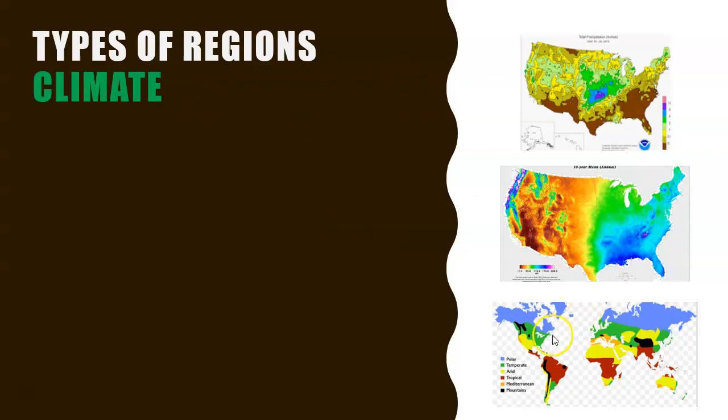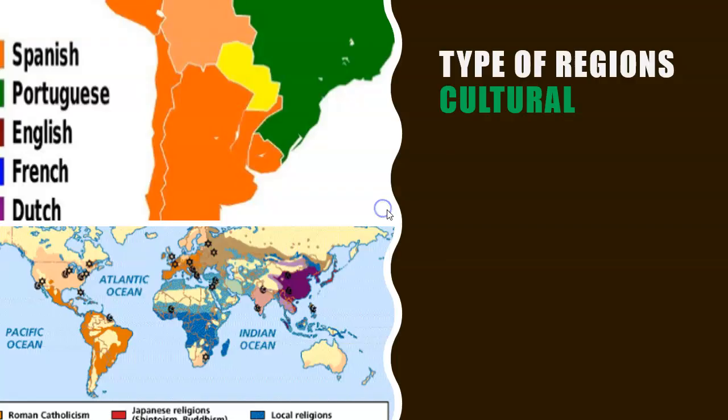Climate is a type of region, so you might be looking at the polar regions of Earth as a region. Maybe you're looking at all of the tropical areas. Culture is a big one as well. This map up here shows you regions divided based on language. So you can see that you've got these countries here that speak Spanish.